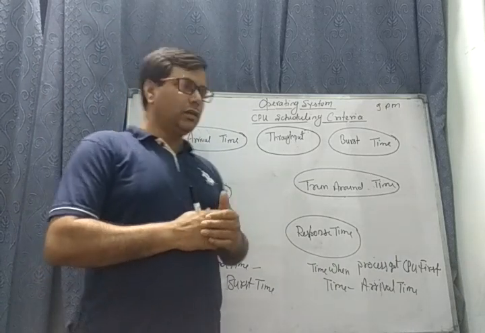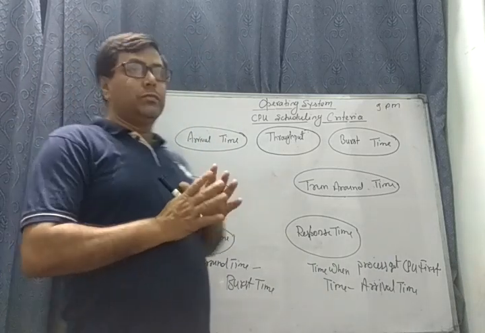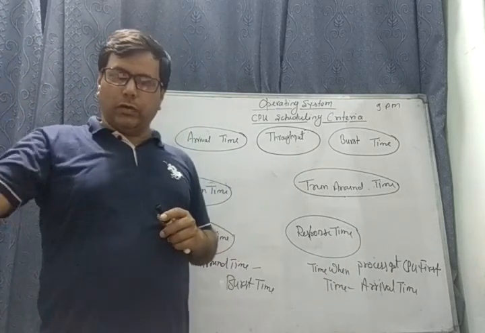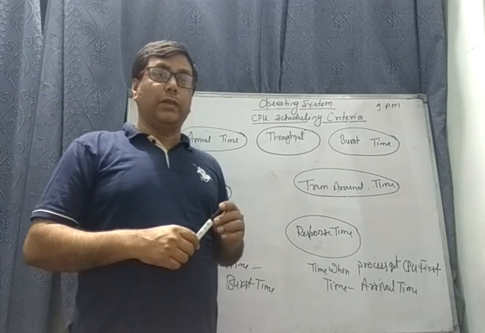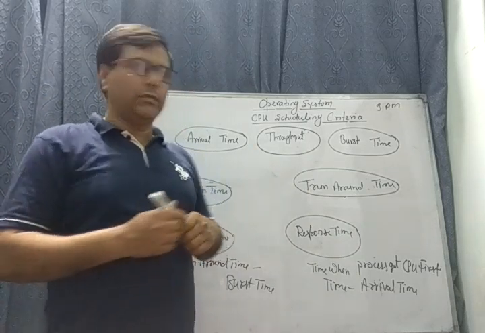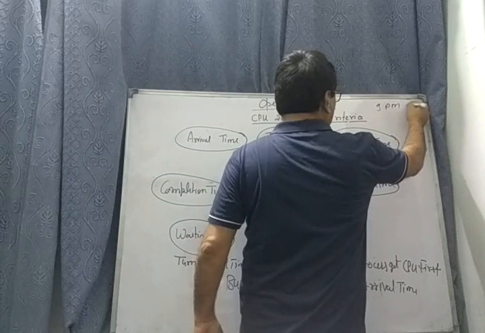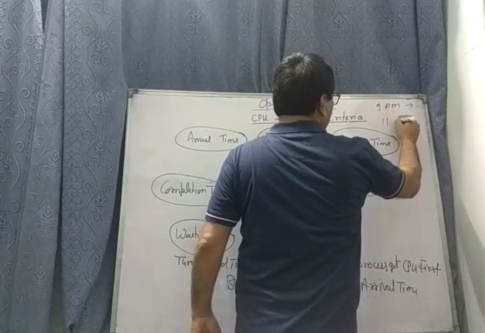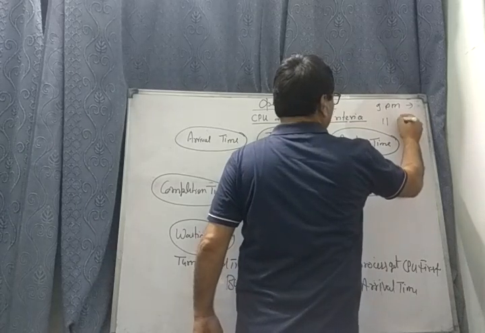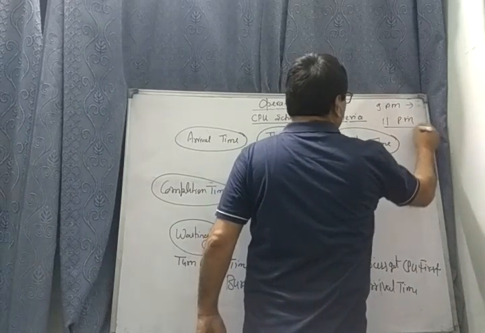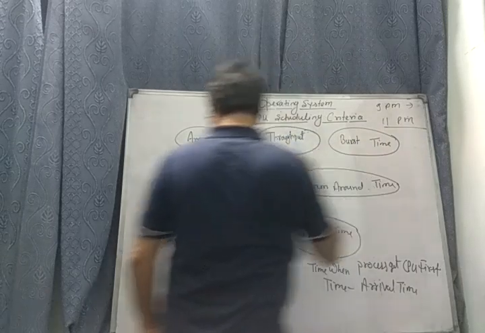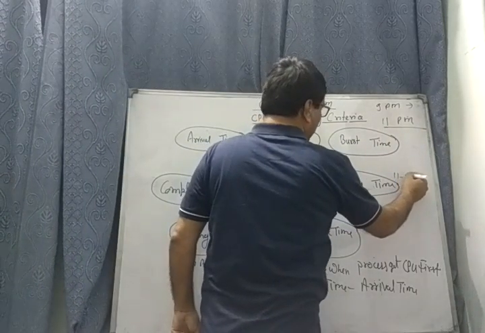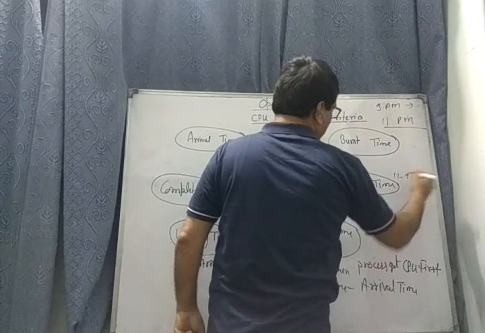That means, if you relate it to the restaurant, when you come out from the restaurant minus when you arrived at the restaurant. For example, you reach there at 9 p.m. and you come out at 11 p.m. Then 11 minus 9 is equal to 2 hours.